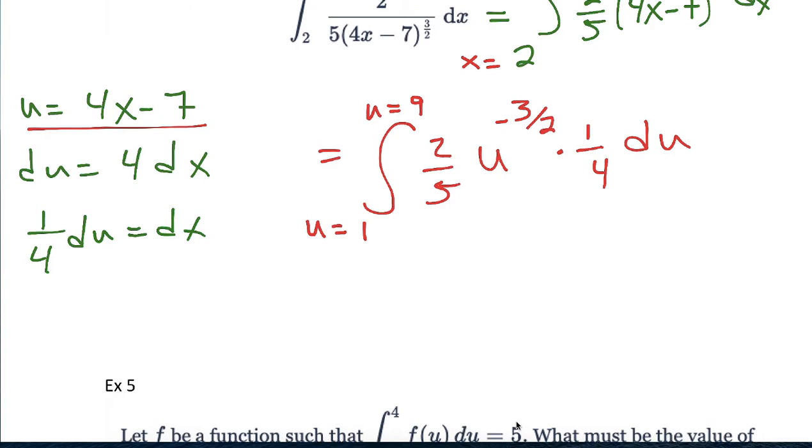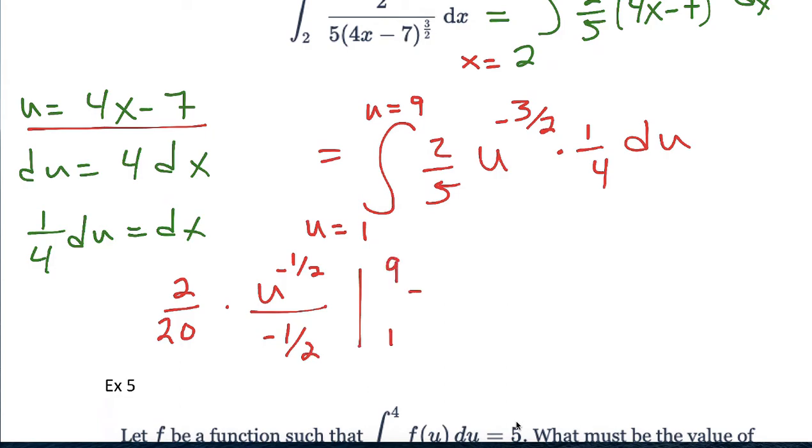Now what we have, if we factor out the 2/20, because the 2/5 and the 1/4, times u to the negative 1/2, if we add 1 to negative 3/2, divided by negative 1/2, evaluated from 1 to 9.